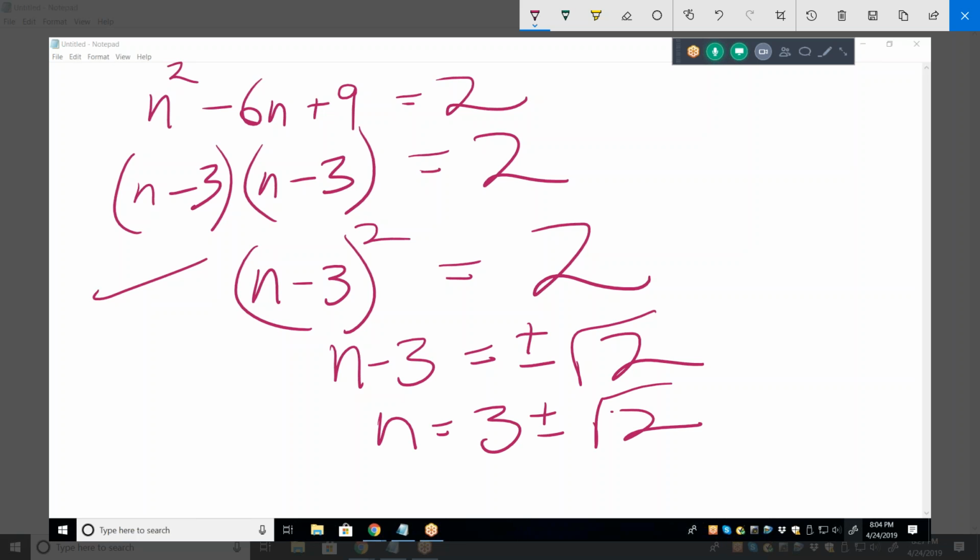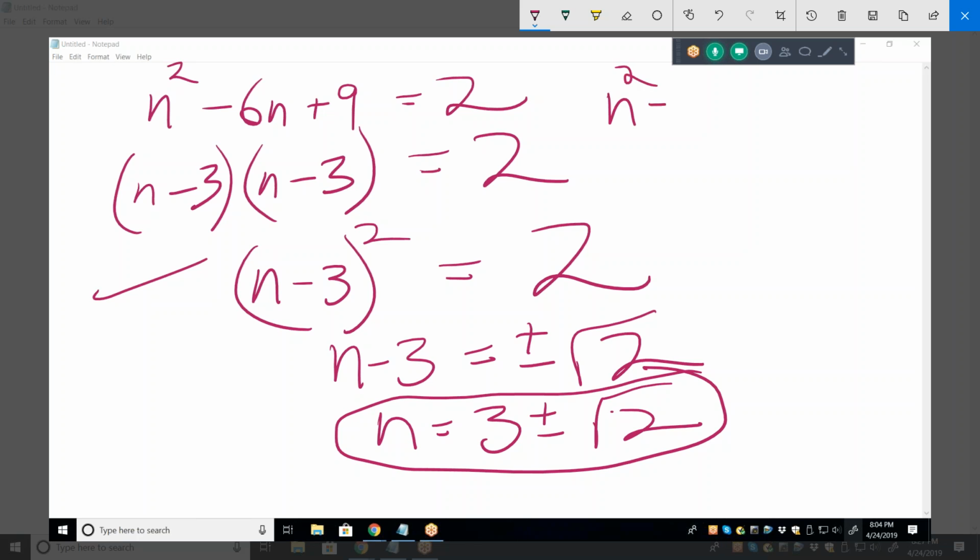And that's the answer. Notice we did not have to apply the quadratic formula. If we do this the normal way, we get n squared minus 7n plus 7 equals 0. We discover that we can't factor it, and we apply the quadratic formula.